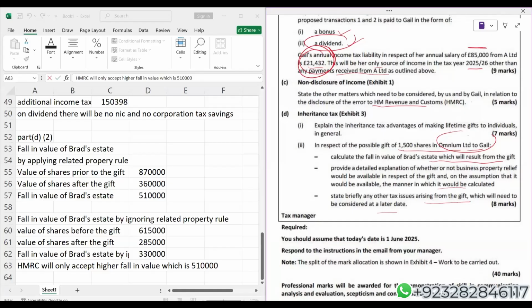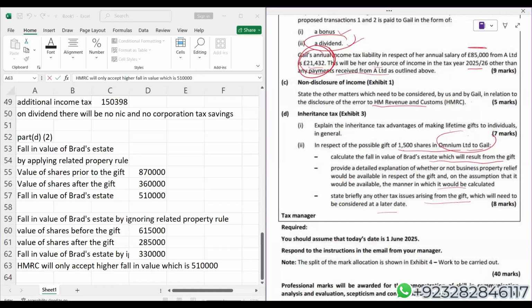Okay. So simply ownership period has to be 2 years. At the time of death of Broad, Gail should be holding those shares. If not, then if Gail has sold before that, then all the sale proceeds should be reinvested in another business where BPR is available. If all these conditions are met, then of course 100% BPR is available.